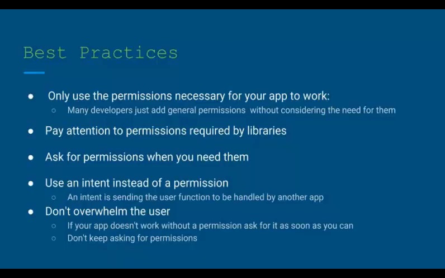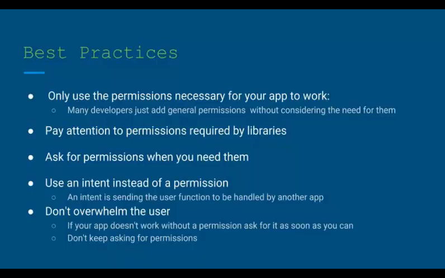Or if you want to use locations, instead of asking for permission for the location, send the user to Google Maps, for example, and let the other app handle it. So basically, give it to the other app.